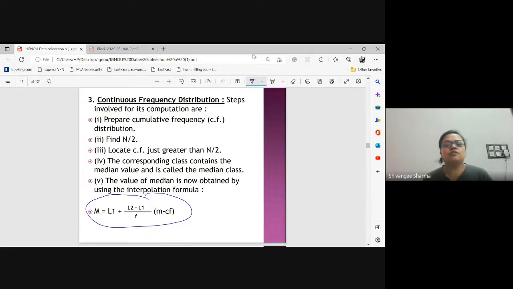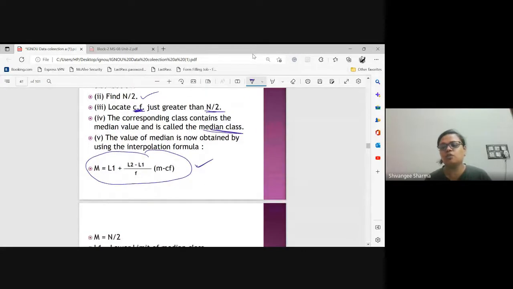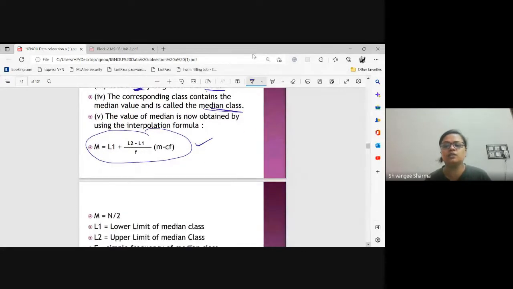You all know what a continuous data set is now. So what we have to do is calculate cumulative frequency, then calculate n by 2, then locate the class cumulative frequency just greater than n by 2. This is the same as what we did in that. Now we have to identify the median class, which is actually different. Just note down this formula, then we'll be moving to the question, because from the question it will be very clear to you people.